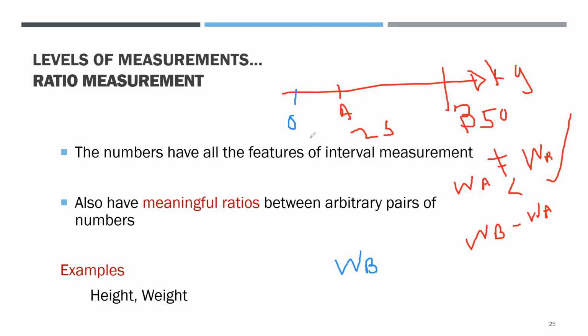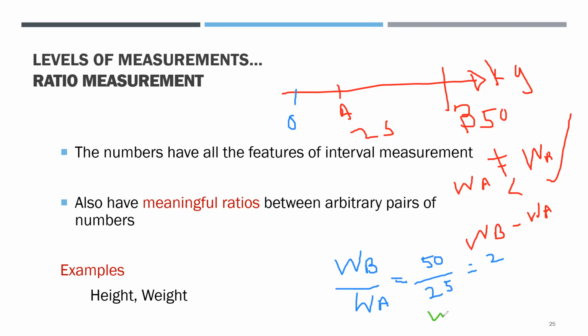So there the true 0 point is here, so you can meaningfully calculate the ratios like this. You can get the ratio of 50 over 25. If you simplify this, this equals 2.